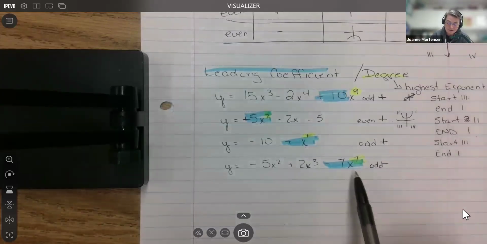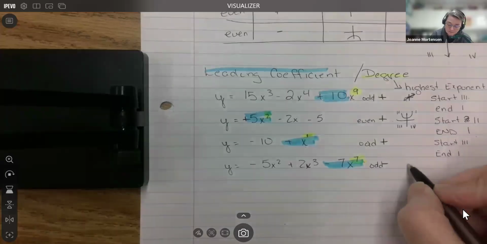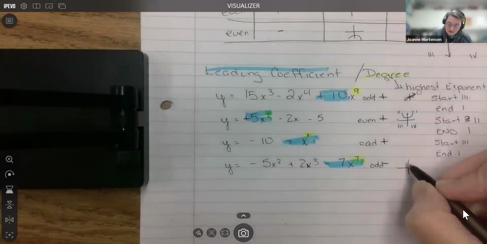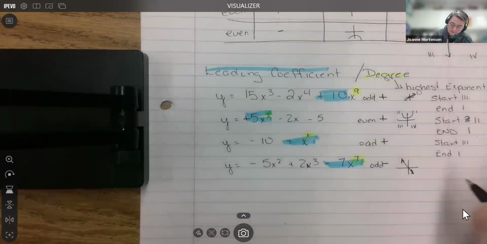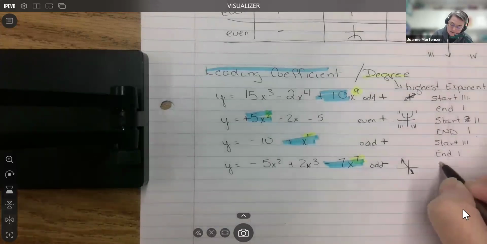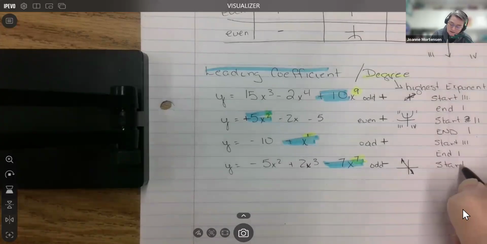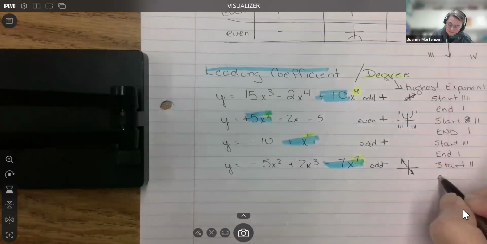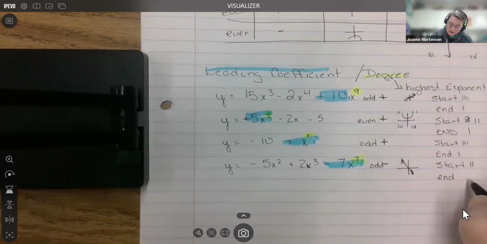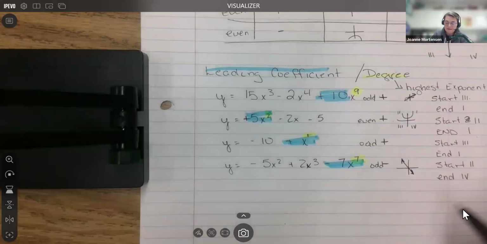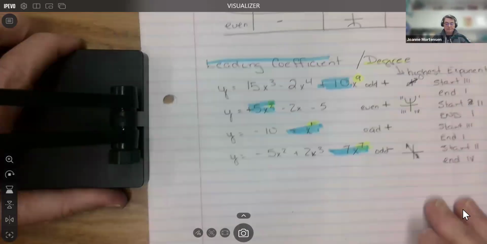Okay. Last one is odd negative. So I know odd negative goes downhill like this. So I'm starting in two and ending in four. Okay, so here's the deal.